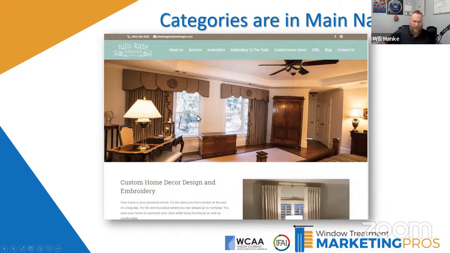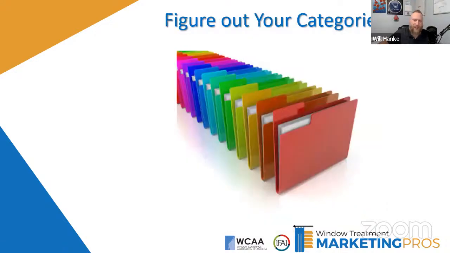So don't spend a ton of time on figuring out what the categories are. It's just an overview of, if I'm writing about this thing, which category does it fall into, so that as you use the formula, you can see, oh, we're writing way too many things about solar shades. We need to write some more stuff about Roman shades or something like that, right? So figuring out your categories is a pretty easy piece of this formula.